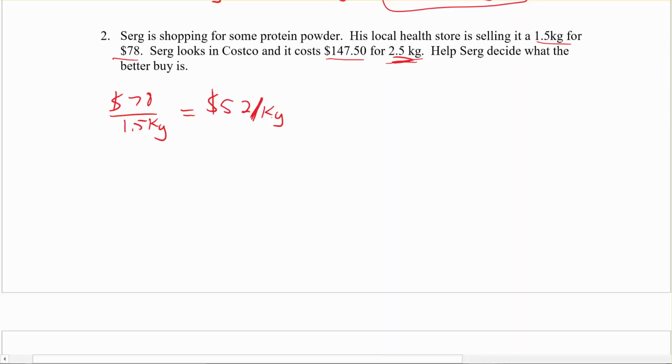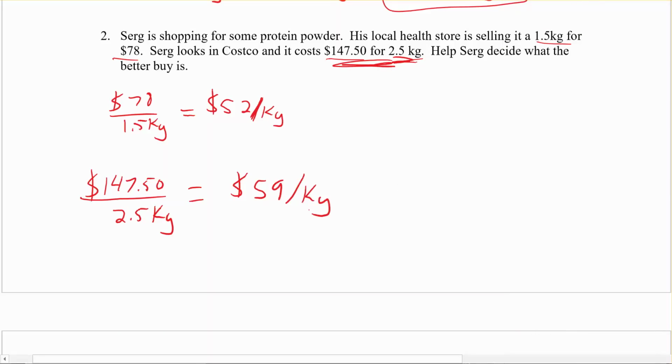Now we can compare it, because we now put this one in: $147.50 divided by 2.5 kilograms. That ends up being $59 per kilogram. So the first one was the better deal. It was less money for 1 kilogram.